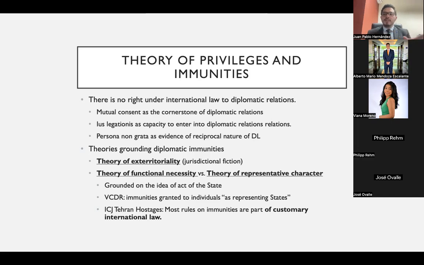And therefore, these immunities accrue by virtue of the respect for the territorial integrity of another state, rather than any consideration of the functional necessity or the representative character of the agents and the mission. And so, as you can understand, this is a jurisdictional fiction that tries to establish a carve-out from jurisdiction of the territorial state by negating it altogether.